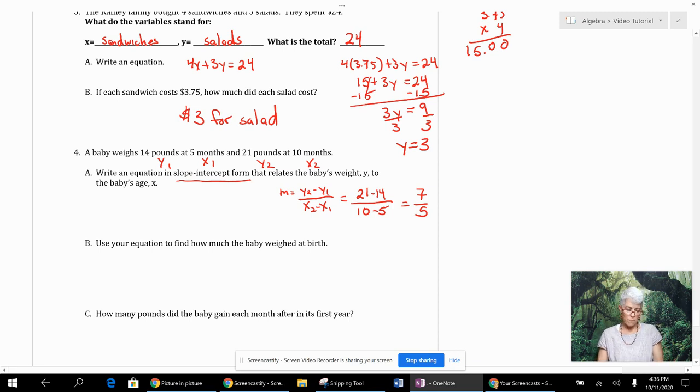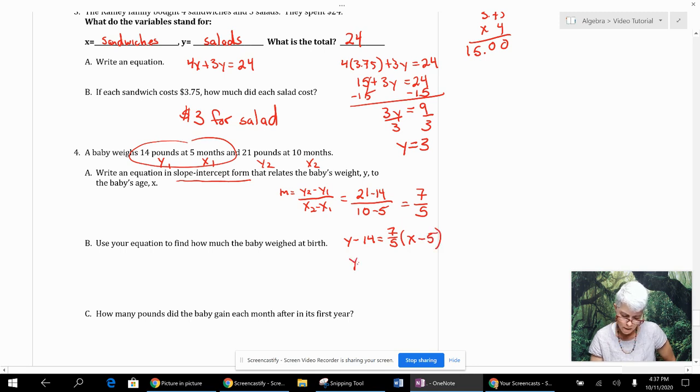Now, we don't have enough information here to write it in slope-intercept form because we don't know what the y-intercept is. So we're going to use point-slope form to figure that out. I'll use this information right here. y minus 14 equals 7 over 5 times (x minus 5).